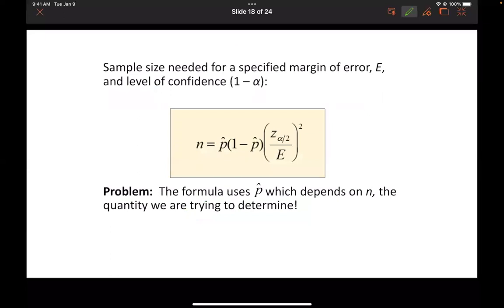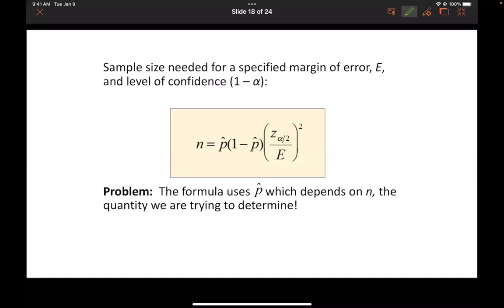Sometimes you have all the information, but you need the sample size. The importance of being able to find the sample size is that I might want a certain margin of error because I want my data to be pretty. Let's say I want to make sure that when I give the results of this poll, my margin of error is no more than 2%.